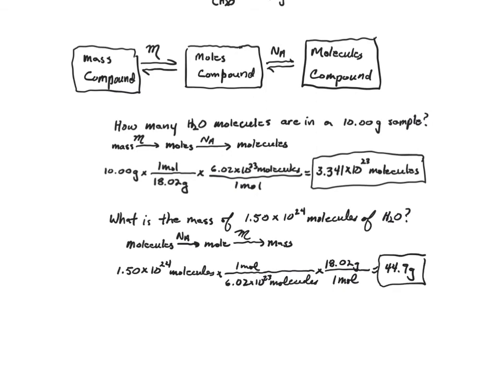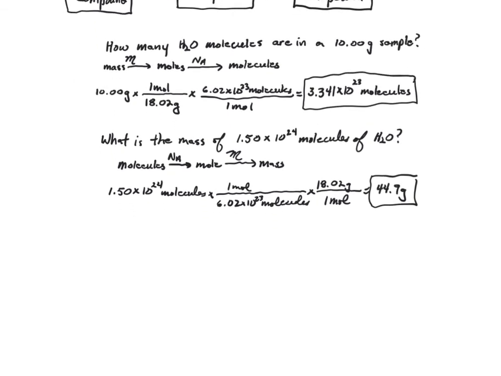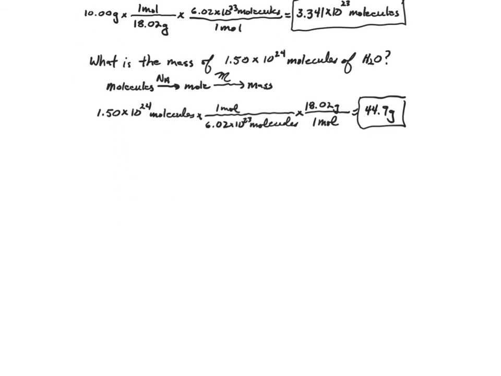Okay? Now there's an additional step that we can take here and actually get even more information. So we already know that we can go from the moles of an element to the atoms of an element. And we can also go from the moles of an element to the mass of that element.